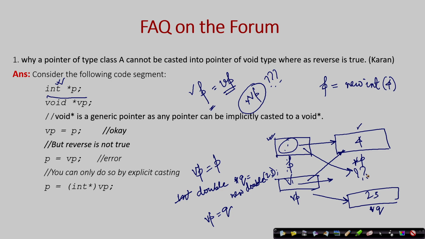When I do star P, I expect to get an integer, but I have assigned q to VP, so VP is pointing to 2.3. If this is correct, then P by my declaration should point to an integer, but VP is actually pointing to a double. So P will point to this double.